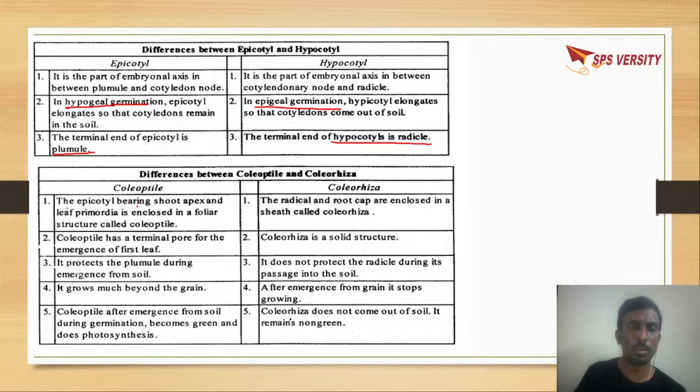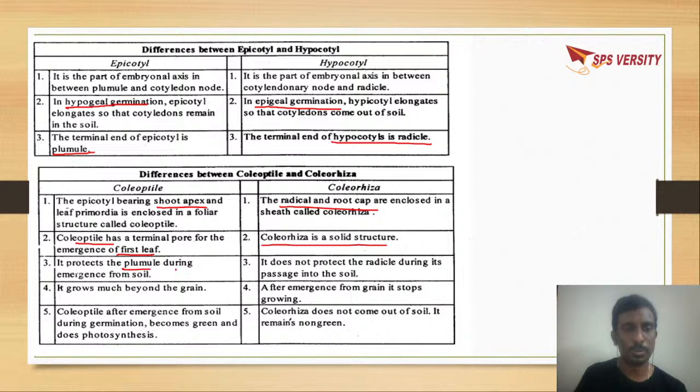The difference between coleoptile and coleorhiza: the coleoptile will protect the shoot apex, whereas the radicle and root cap are protected by the coleorhiza. The coleoptile has a pore through which the first leaf will come, but the coleorhiza is not like that, it is a solid structure.